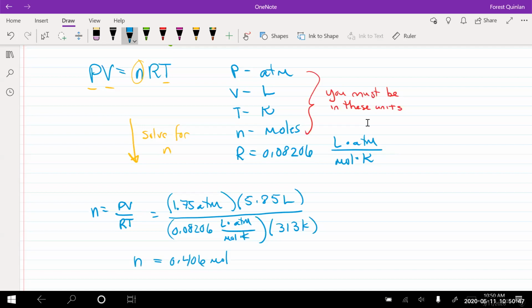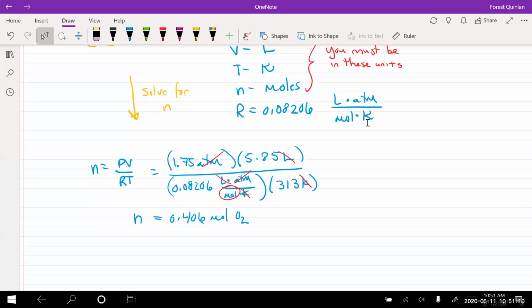Wait, so we just basically are crossing out units in that equation down the bottom. Atmospheres, gone. Liters, gone. Kelvin, gone. And oh, look, there's the units we want. Wow, I got 0.399. Okay.